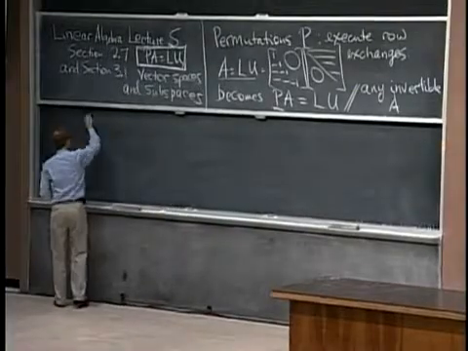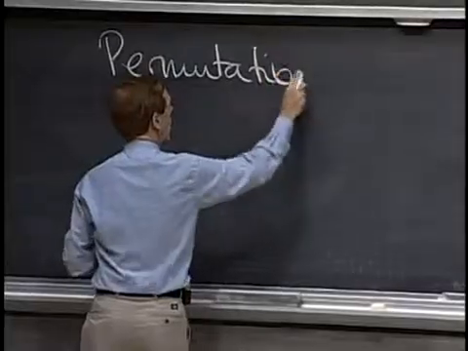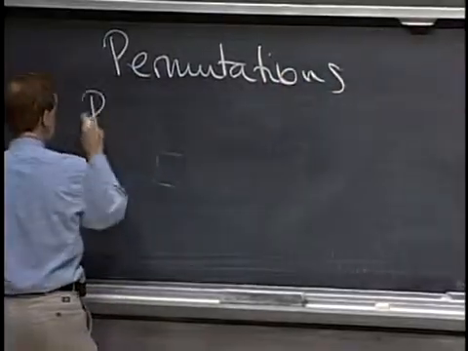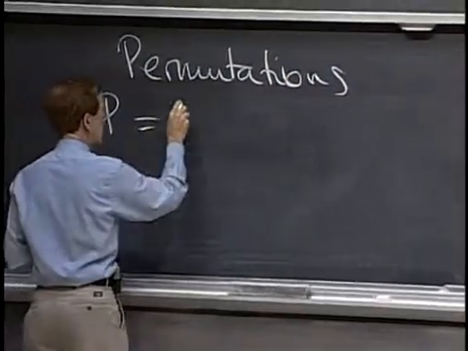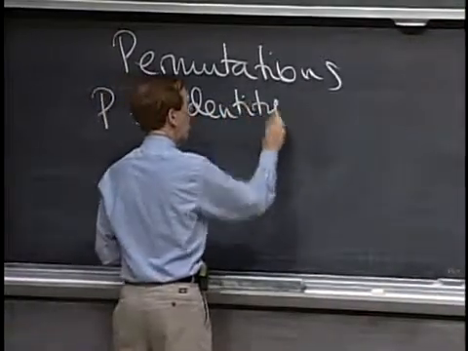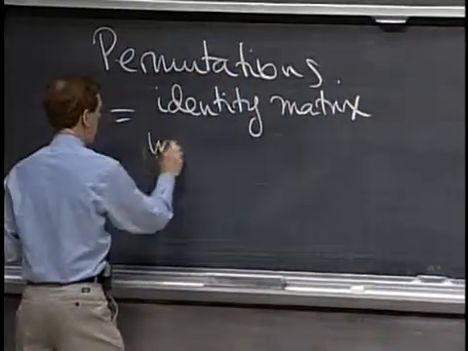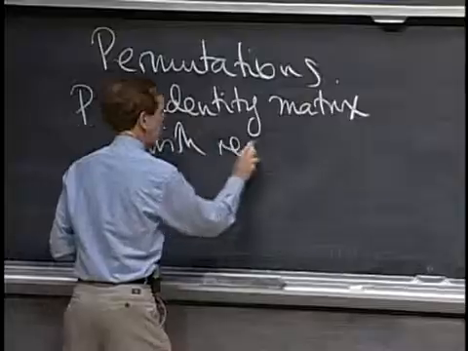So permutations, P is the identity matrix with reordered rows.